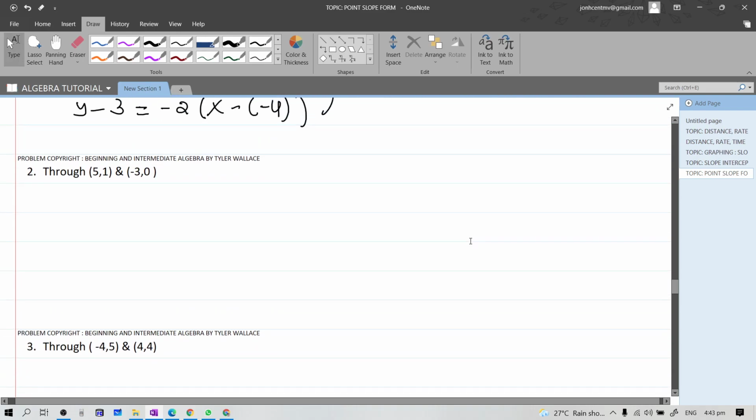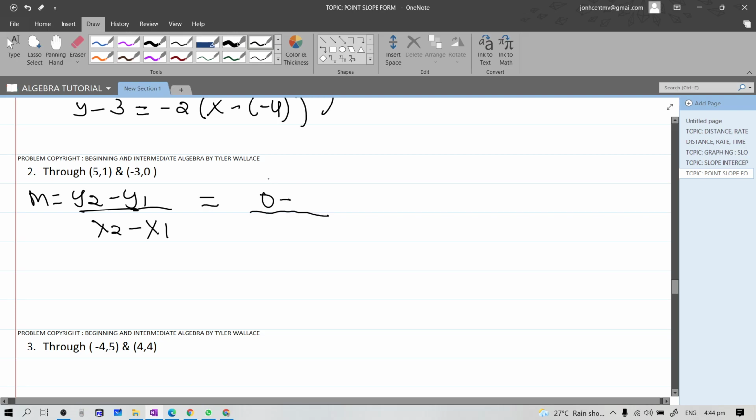Next, the points 5, 1 and negative 3, and 0. So, ganun pa rin. M is equals to, okay. So, evaluate na natin yung mga values. What is your y sub 2? We have 0.